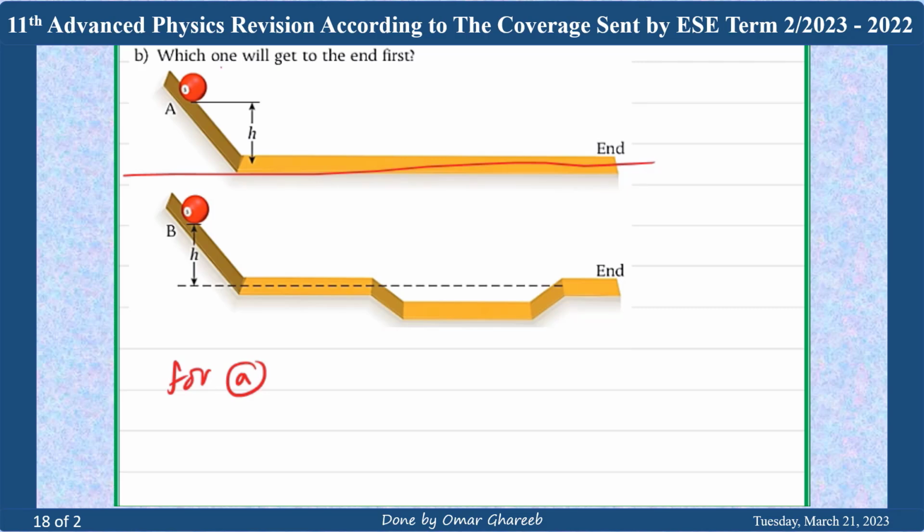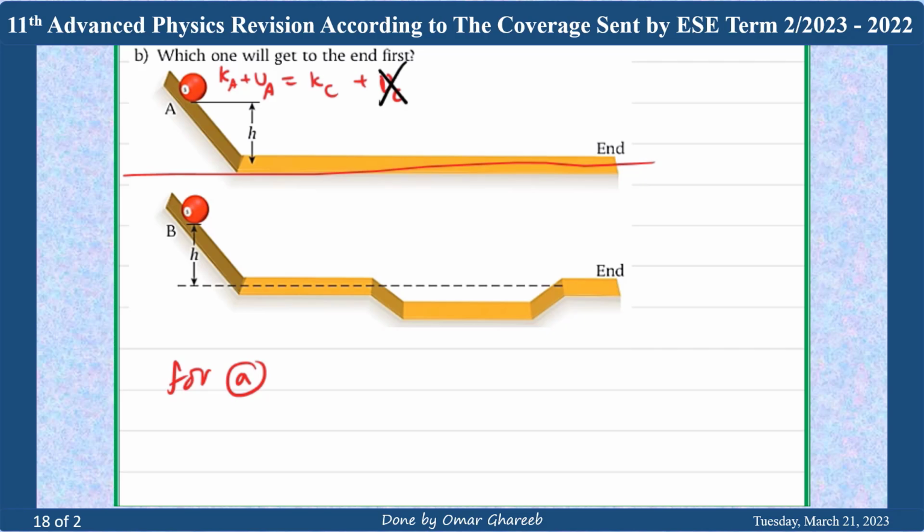So here the kinetic energy at A plus the potential energy at A equals the kinetic energy at C plus the potential energy at C. Where are our zeros? C is on the reference level, so the potential energy at C is 0.